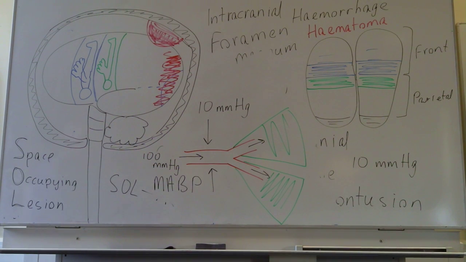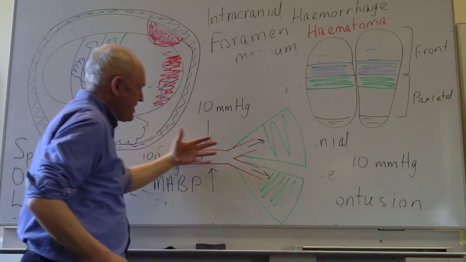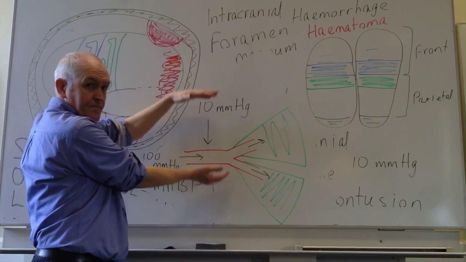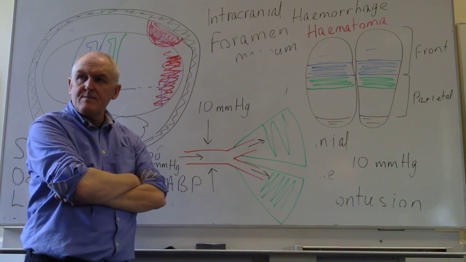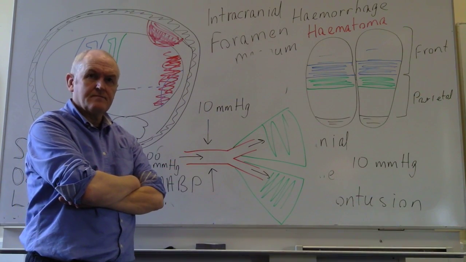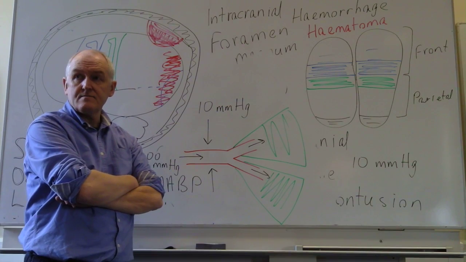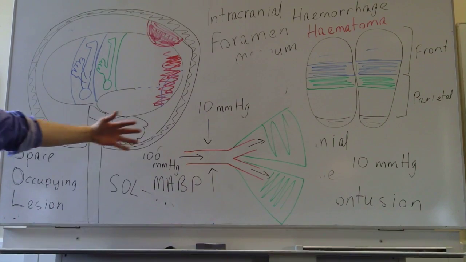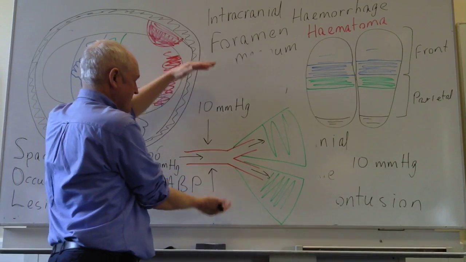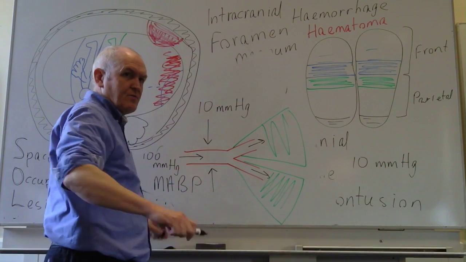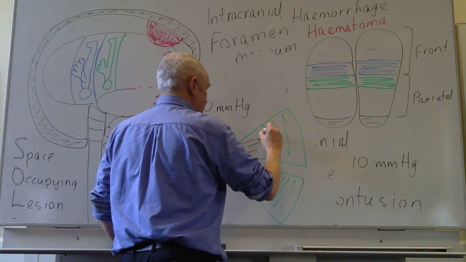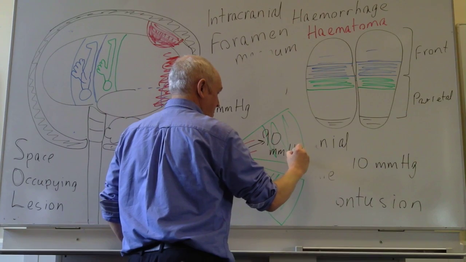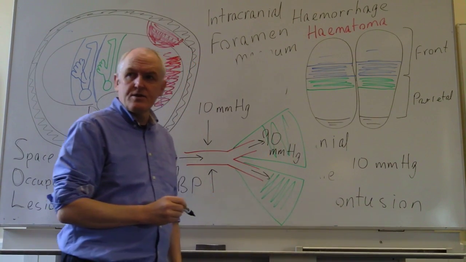So what we've got here is 100 millimetres pushing in and 10 millimetres trying to squash it, trying to keep the blood out. 100 pushing in, 10 trying to stop it. But can you see that still means that the perfusion pressure here is 90 millimetres of mercury? Is that logical?